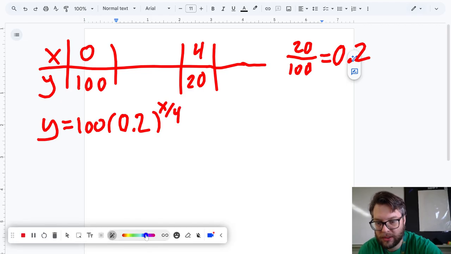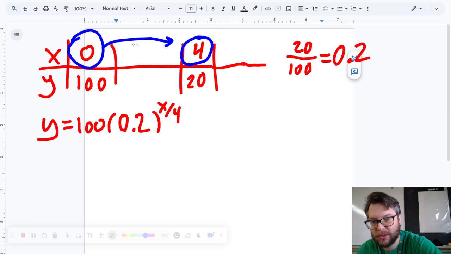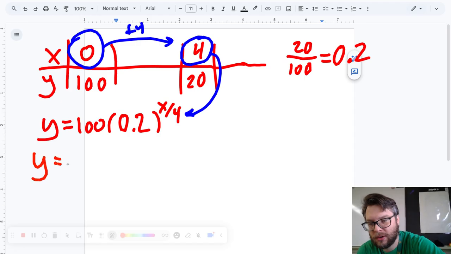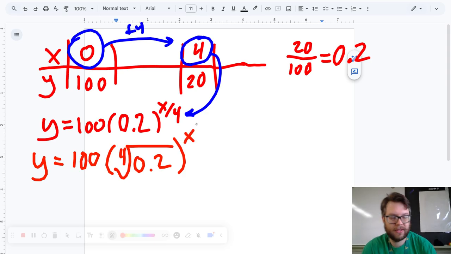Remember, the over 4 just comes from that it took 4 steps. Right here was a 4-step change on x, so I write x over 4. The other option, if you don't like that one, is to go y equals 100 times the 4th root of 0.2 raised to the x.